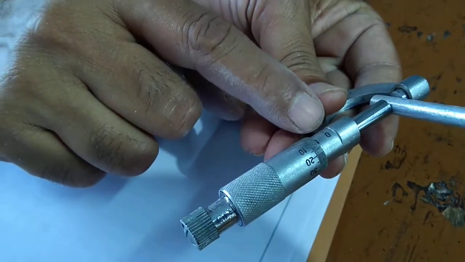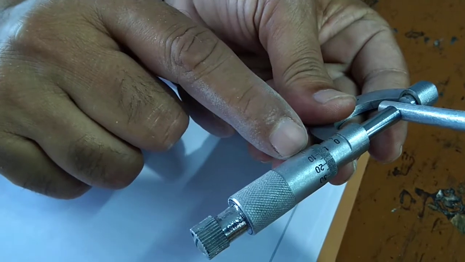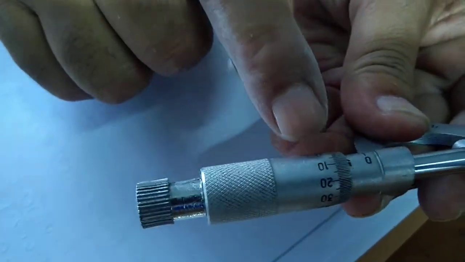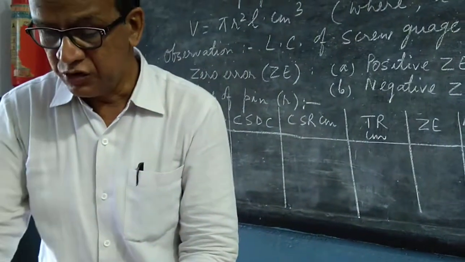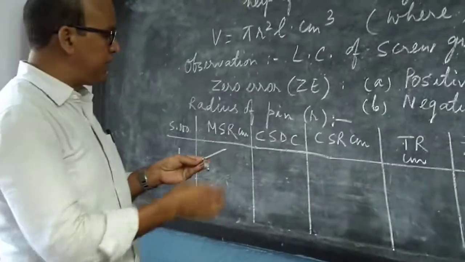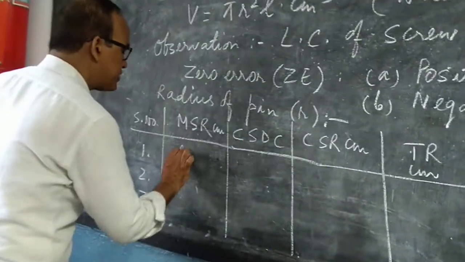Main scale reading: the circular scale is crossing how many divisions on the main scale? That is the main scale reading. The main scale reading here is 0.5 millimeter, that is 0.5 centimeter.